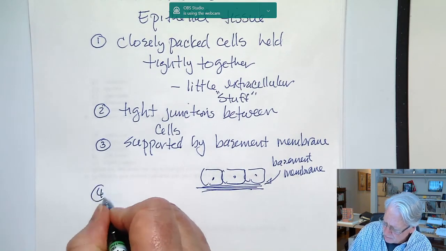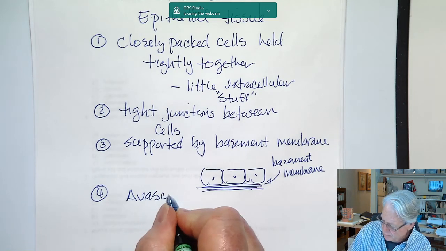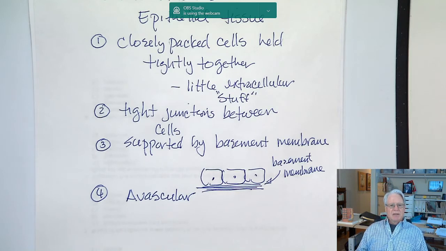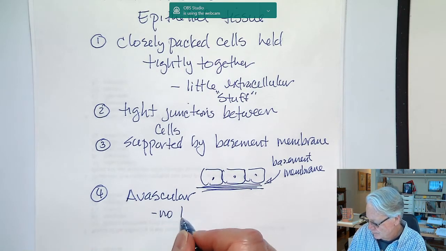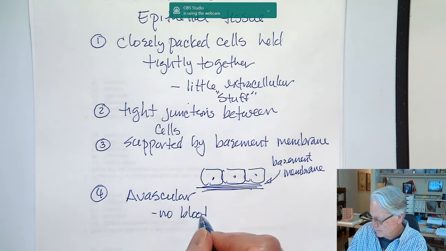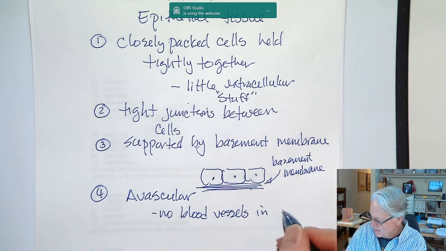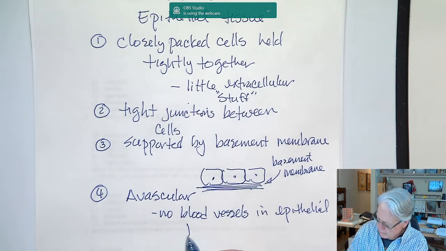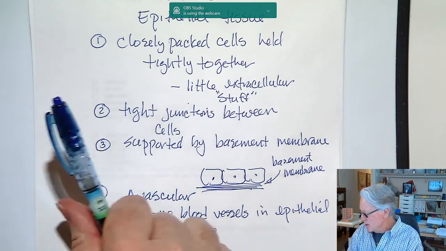Number 4, avascular. What does that mean, avascular? It means there are no blood vessels in epithelial tissue. The blood vessels are close by, no doubt.